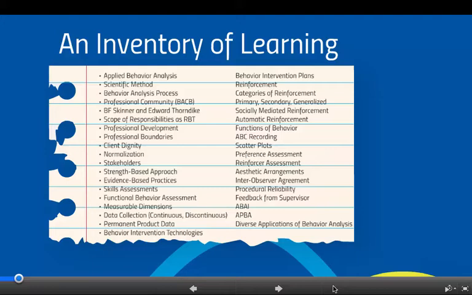And also, if you have the opportunity and the resources, it's always great to attend one of the local conferences or a national conference or an international conference. And I should mention to you that each state has either one or multiple chapters of their own in terms of their membership to the Association for Behavior Analysis International.